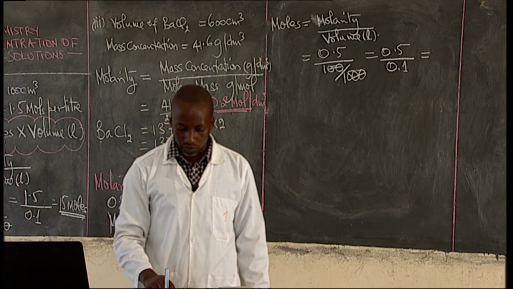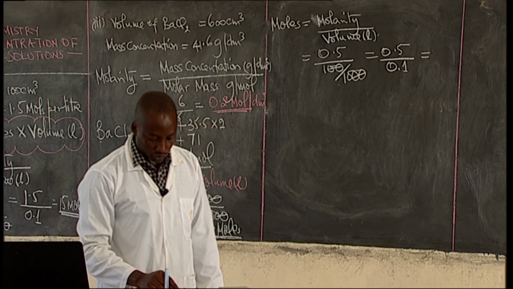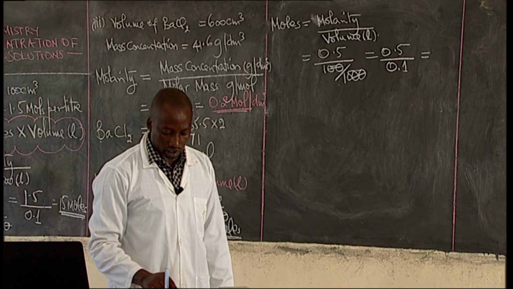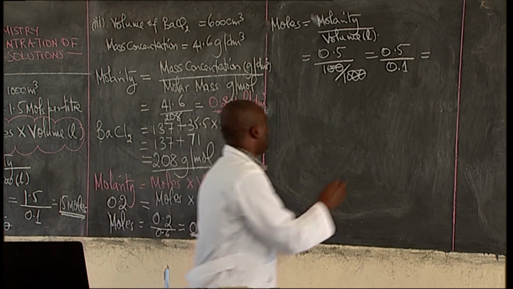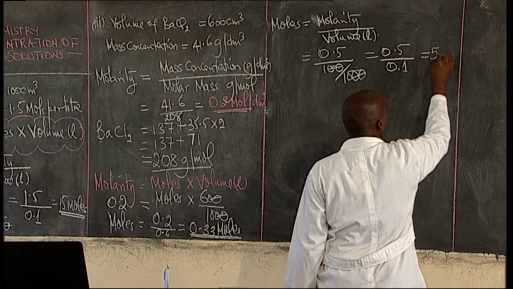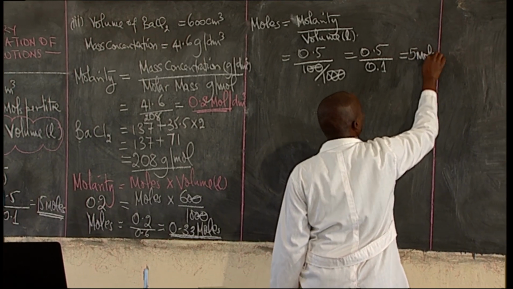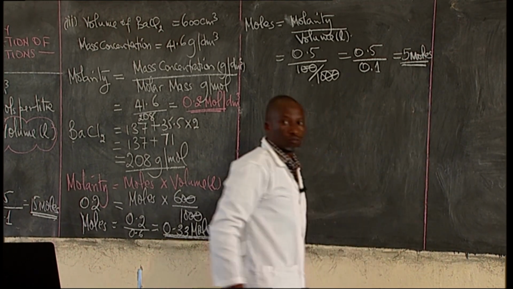Let's compute with the calculator to be very sure. 0.5 times 0.1 is 0.05 moles of silver nitrate.